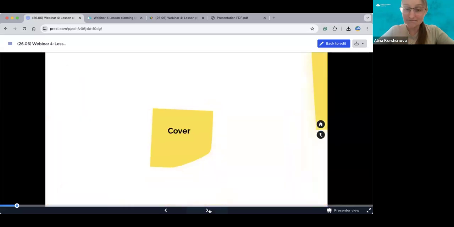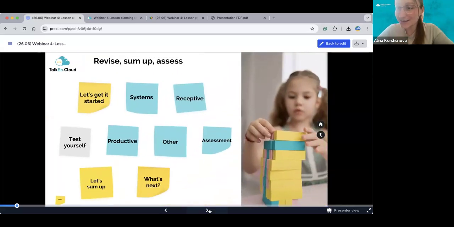Since it's the final session, today we're going to revise briefly everything that we have discussed since the beginning of the course. We will sum up some key points, and I will give you some tips on how to plan successfully different types of lessons that we have already discussed, such as systems lessons and receptive skills lessons.